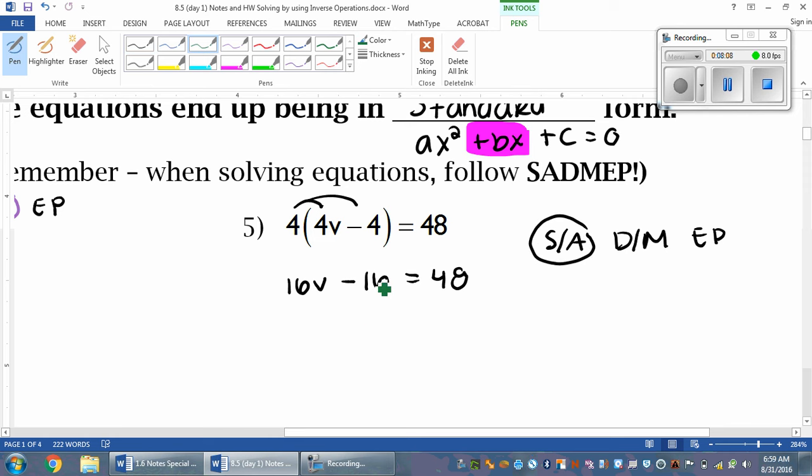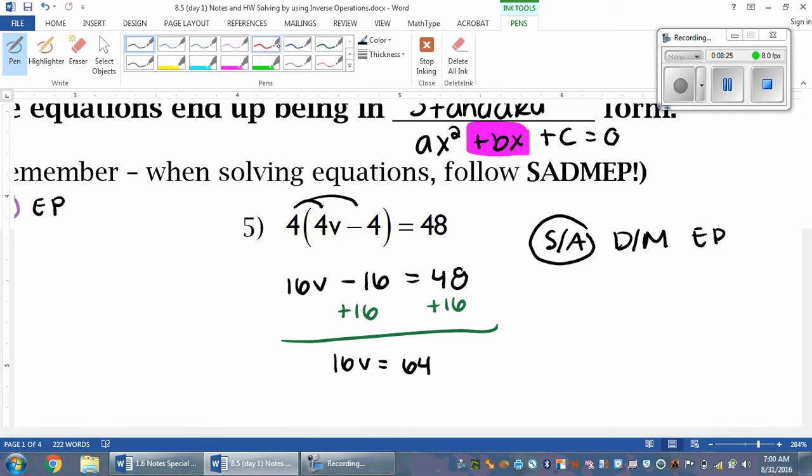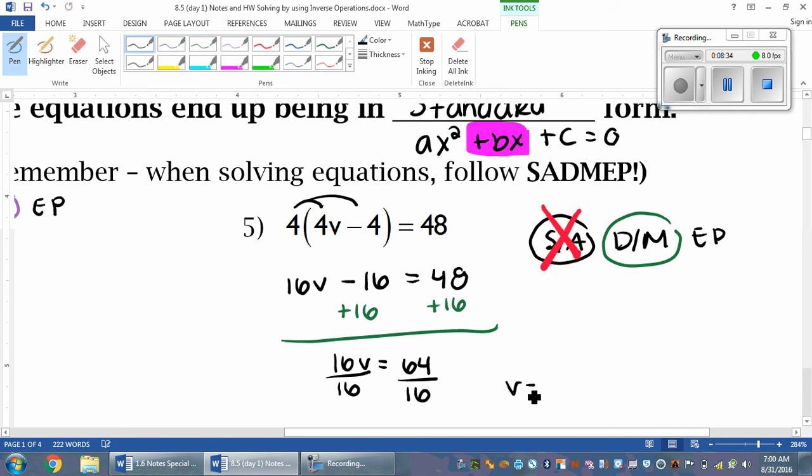I have minus 16, so I cancel that by adding 16 to both sides. I have 16b equals 64. I've already canceled everything added or subtracted, so I move on to multiplying and dividing. I divide both sides by 16, and b equals 4.